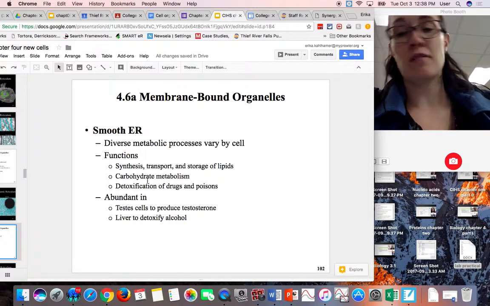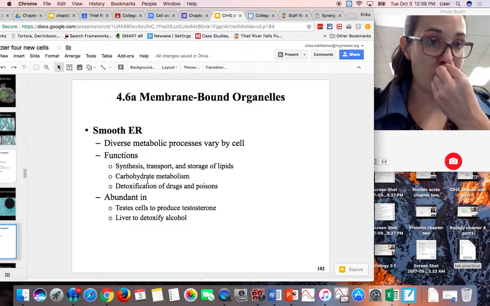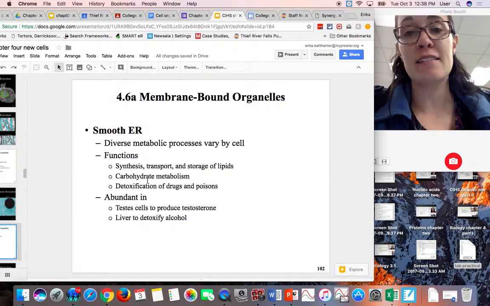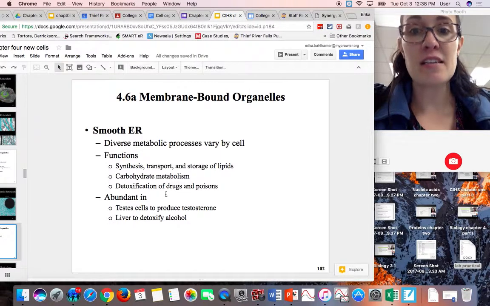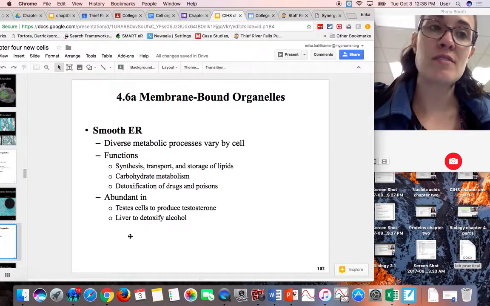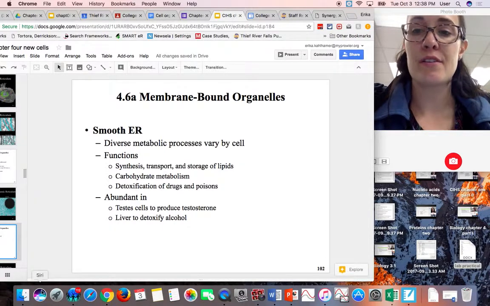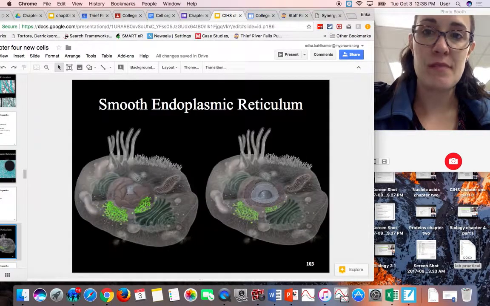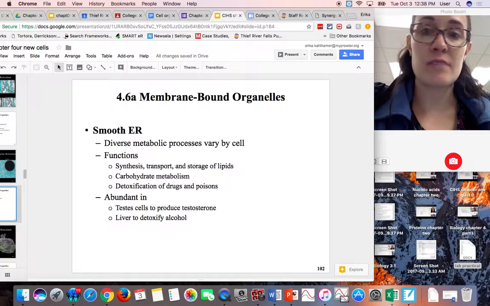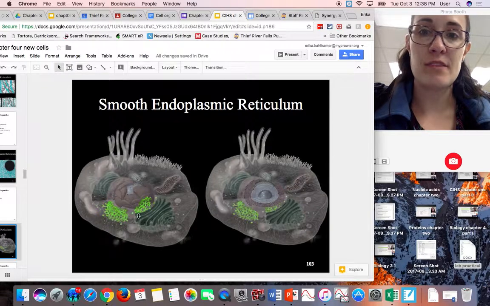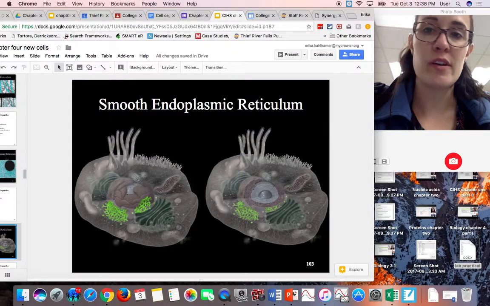It's also going to be involved in metabolizing carbohydrates and detoxing drugs and poisons. There's a lot of smooth ER in your liver cells and in your testes cells, because testosterone is a lipid, and so there's a lot in your testes. And here just shows where the smooth ER is in relation to the rough ER and the nucleus.